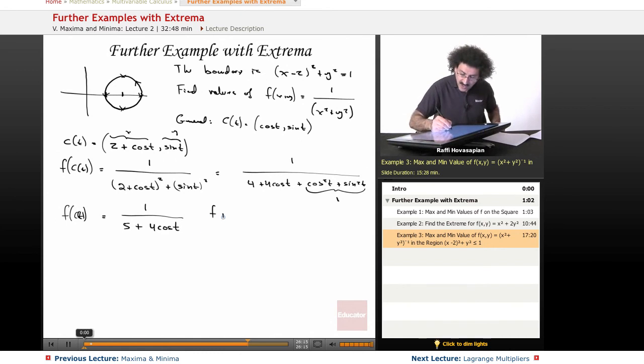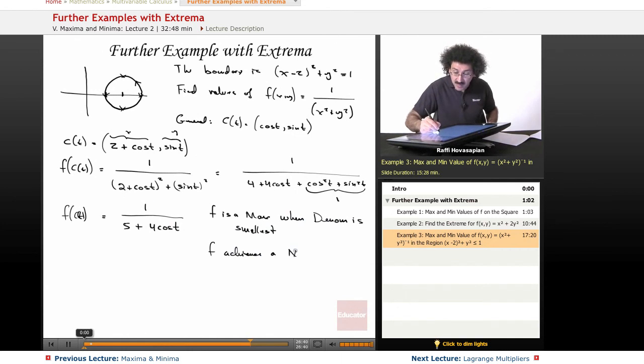So let's just say f is a max. The function achieves its maximum value when the denominator is the smallest. And this number here achieves a minimum value, the smallest value, when the denominator is the biggest.